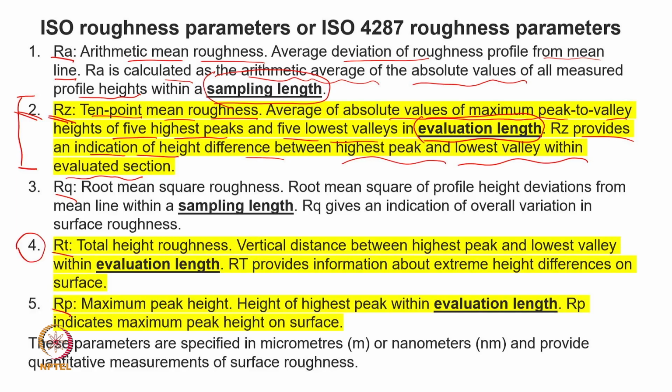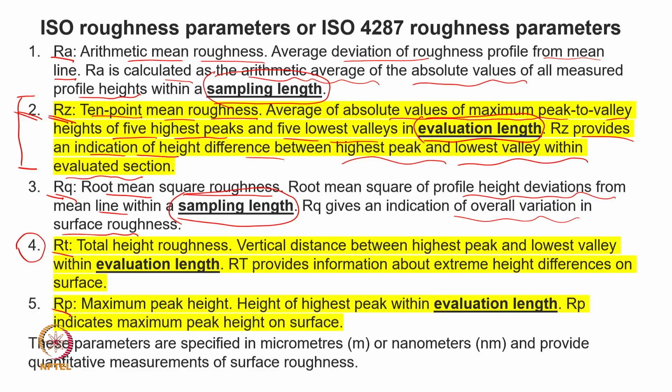Now, coming to the RQ value, as I mentioned earlier, it is the root mean square roughness, basically the profile height deviation from the mean line, and again it is measured over the sampling length. It gives an overall variation in the surface roughness, and the RQ value will always be higher than the RA value.